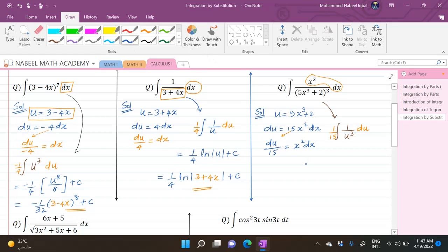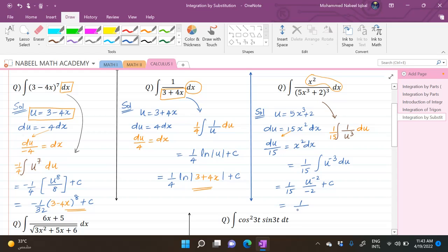Now integrate. So integration is 1 over 15. How will you integrate? You have to bring it up. So integral of u to the power minus 3 du. Now it is 1 over 15, so you will have the integration u power minus 2. You have to add plus 1. You will get minus 2 over minus 2 plus c. But the answer is not in terms of u.